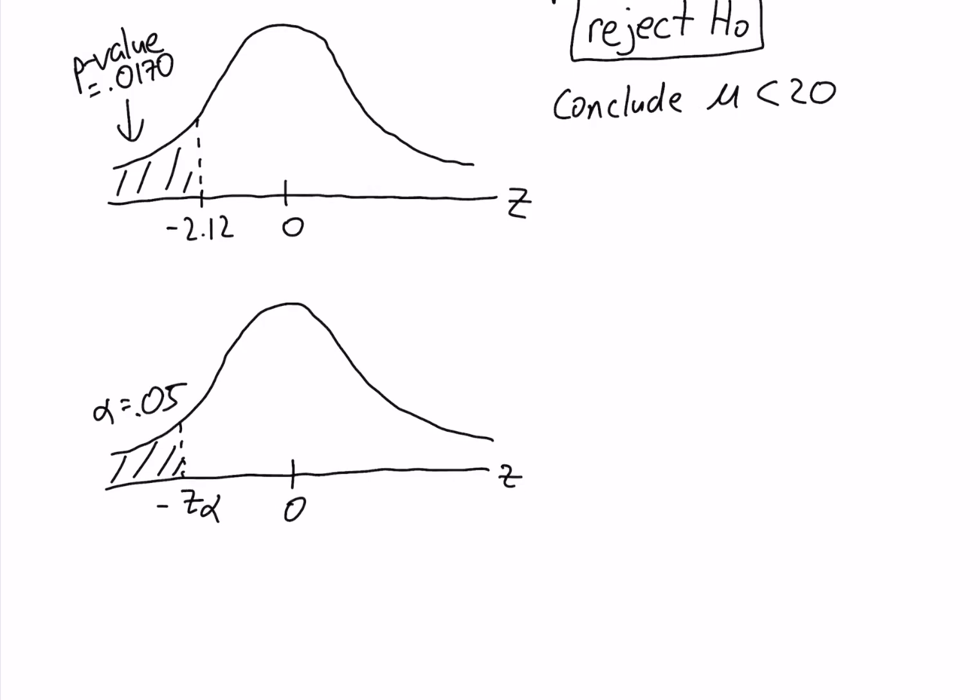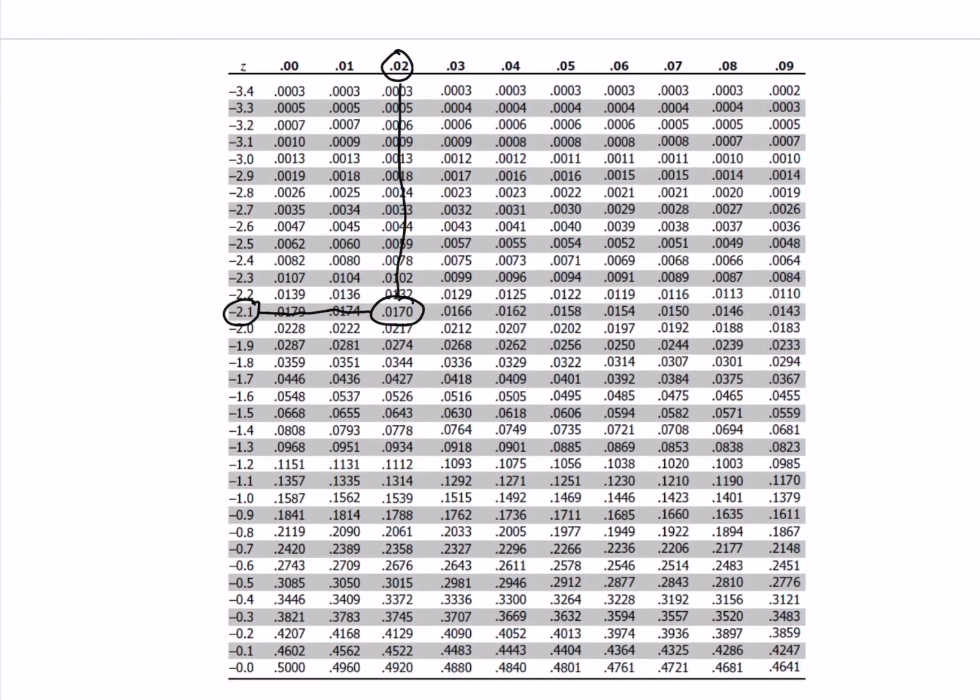So let's look at our z-table, and we're looking for an area of 0.05. So here we have 0.0505. So this corresponds to negative 1.6 and 0.04. So our critical value is negative 1.64.